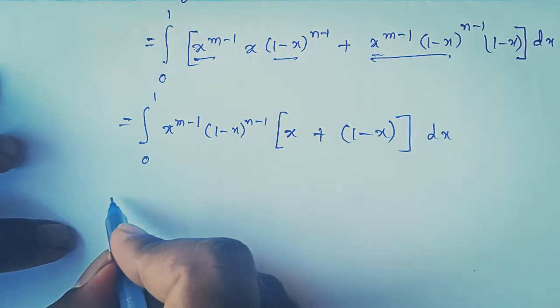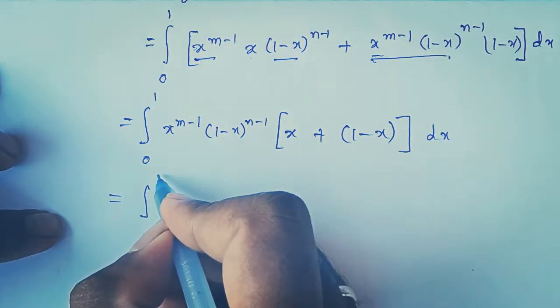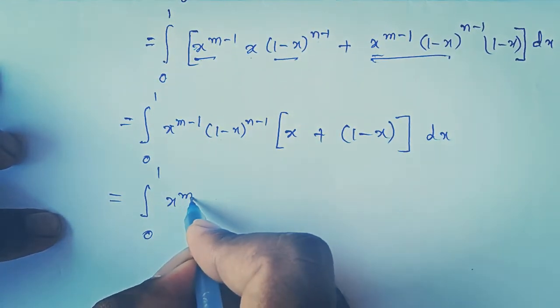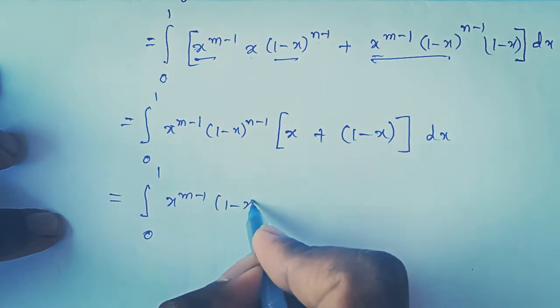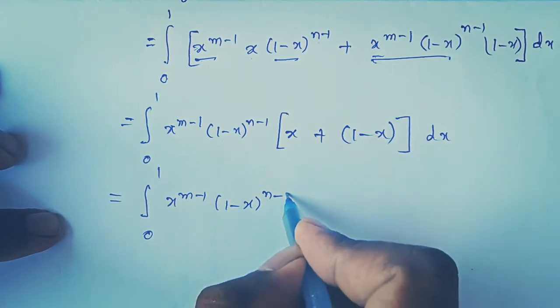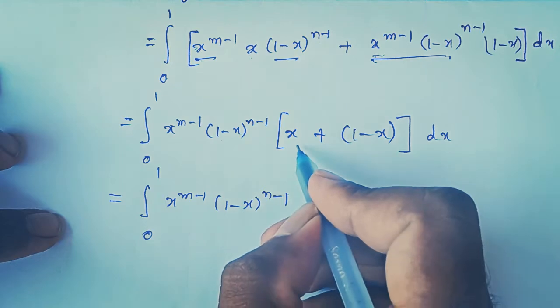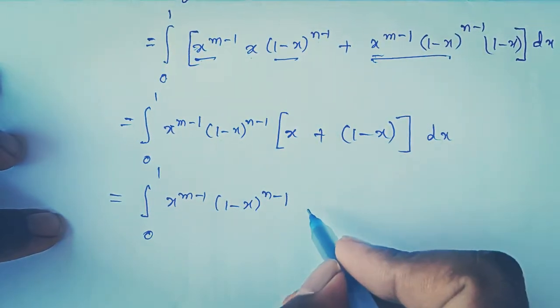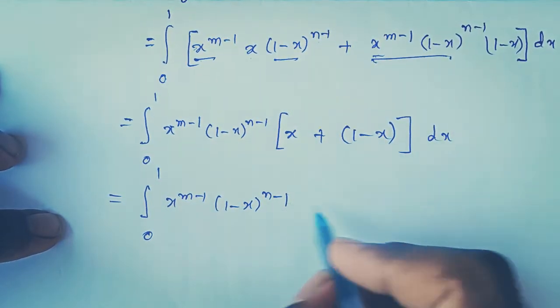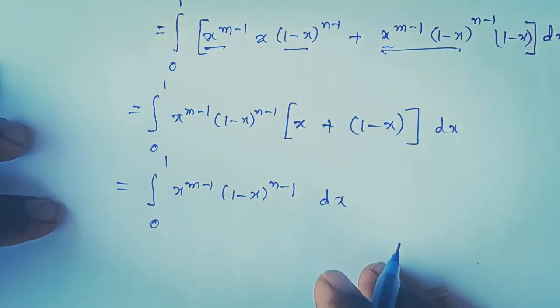Therefore, the integral with the limits 0 to 1 of x^(m-1) (1-x)^(n-1) [x + 1 - x]; the x and minus x cancel. Therefore 1, that is, into dx.